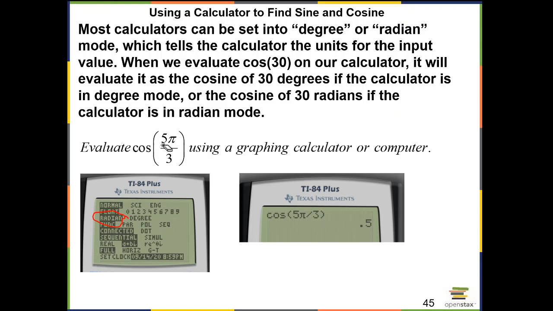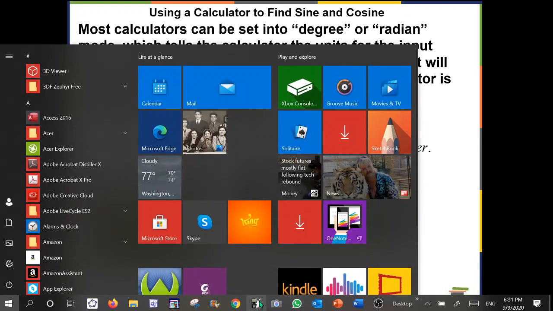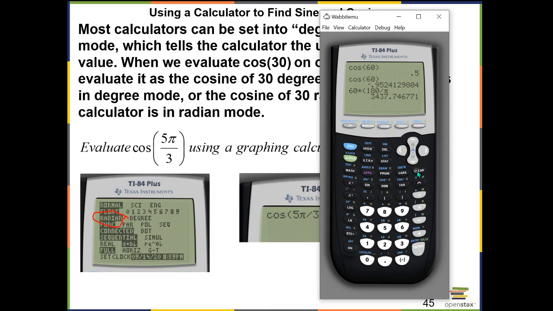Now, if you put cosine 5 pi over 3 and you're in radian mode, you get 0.5. But what if you're in degree mode? What do you get? Let me put that. So cosine 5 pi over 3 is 0.5. Why? Because the calculator is in radian. Now, if I change the mode to degree, what does the calculator give me?